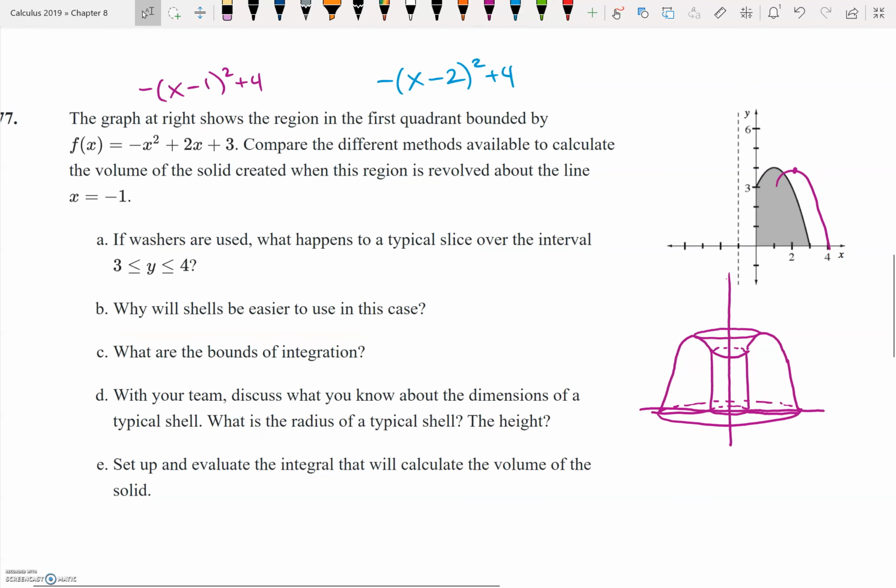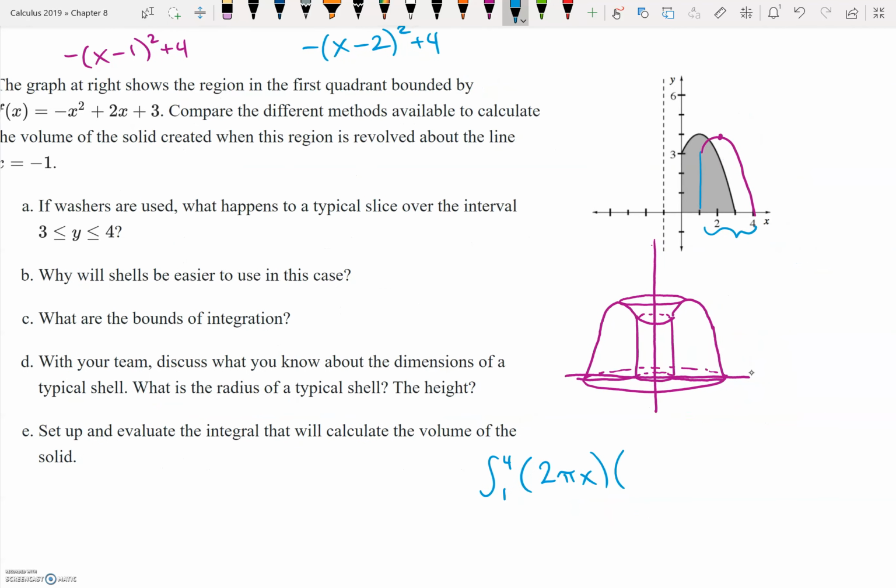So our shaded area is not from 1 to 3 this time. Our shaded area is now going to be from 1 to 4. So we're going to have the integral from 1 to 4 of 2 pi x, because that represents our circumference, multiplied by our new function, which is negative (x minus 2) squared plus 4 dx.